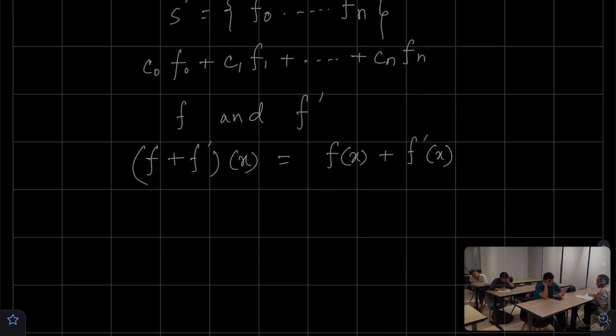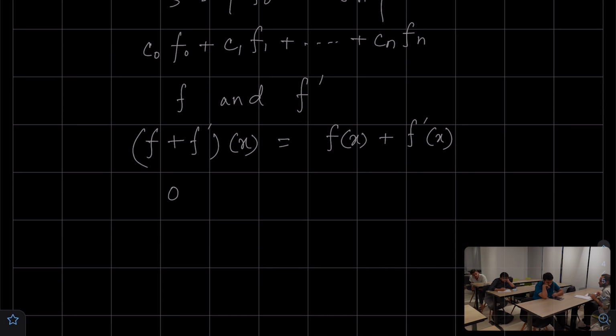So what will be the zero, the additive identity of this vector space? The zero function. So the zero polynomial.